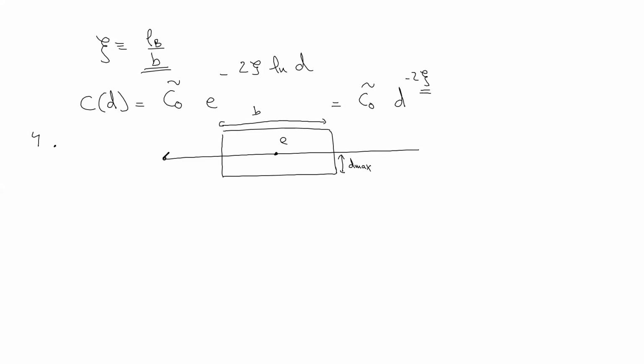So again, you have another charge e here, another charge e, and so on. The question I would like to ask is, what is the number of counterions in this box? The number of counterions per charge on DNA is equal to the integral of the concentration profile over the volume of that box.